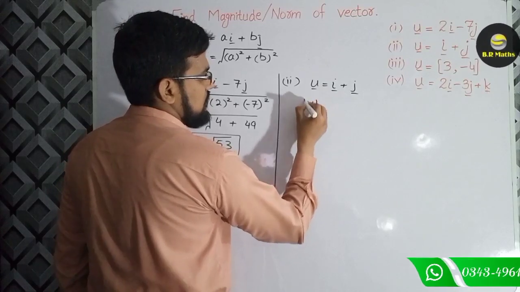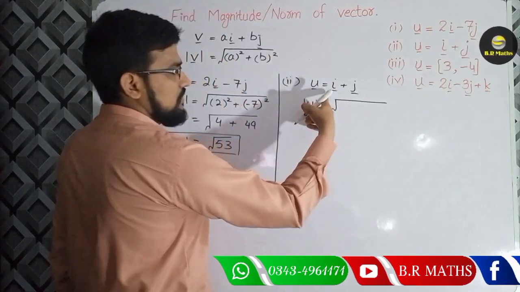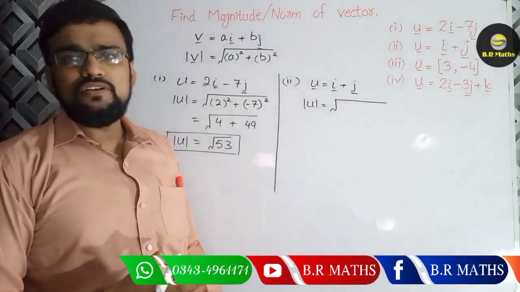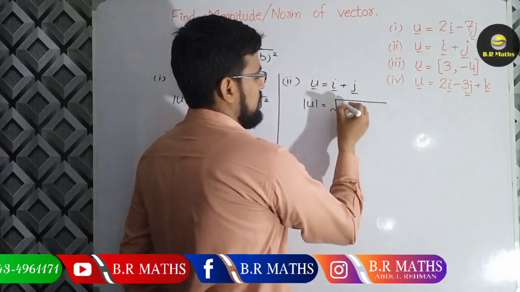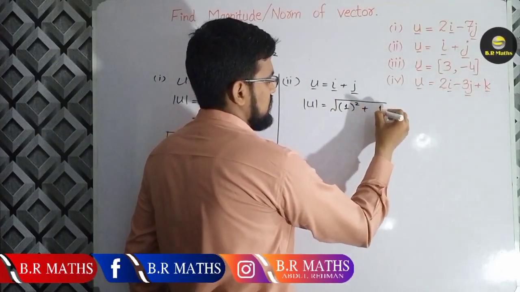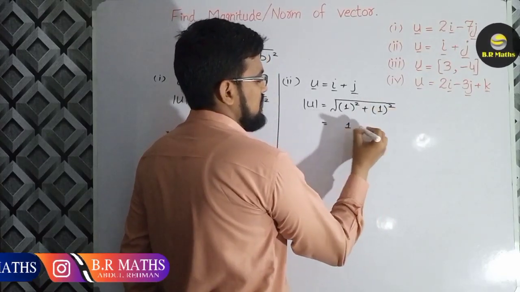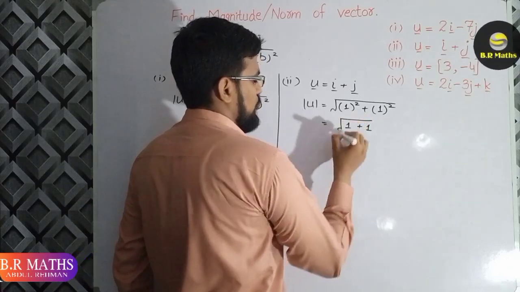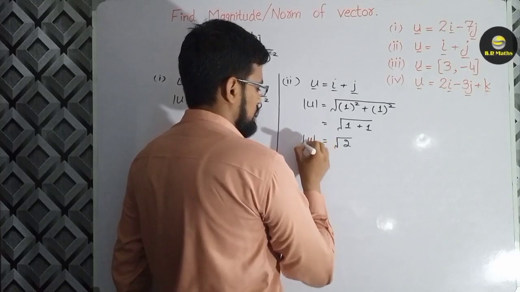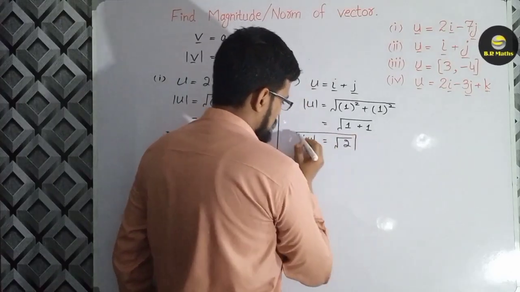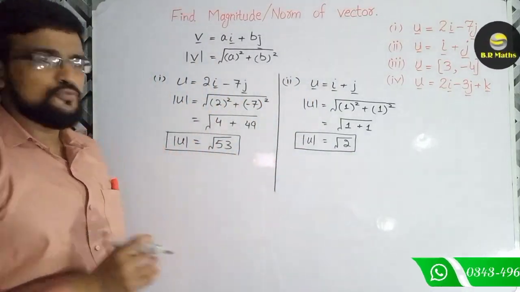Similar to the previous question, here i plus j means both have the coefficient 1, so 1 square plus again 1 square. 1 plus 1 under the square root is equal to square root 2. Okay, I hope you understand this one.